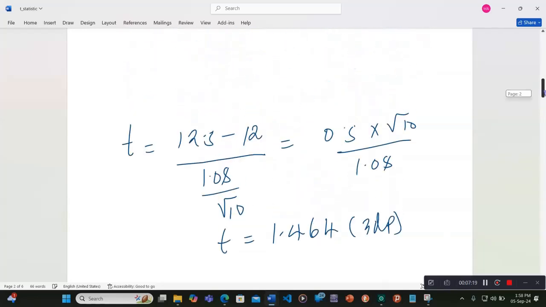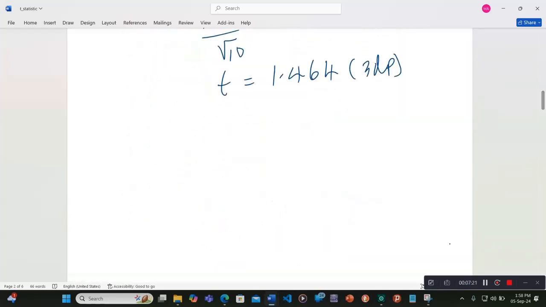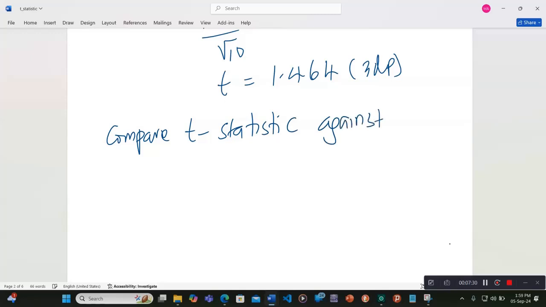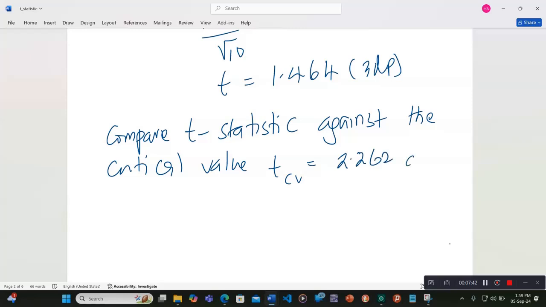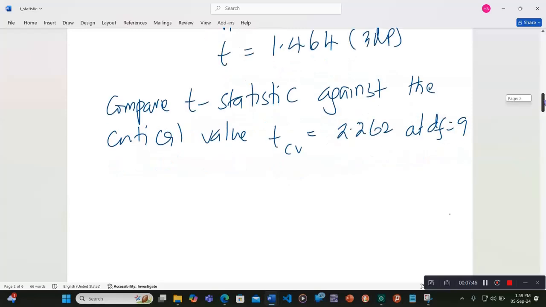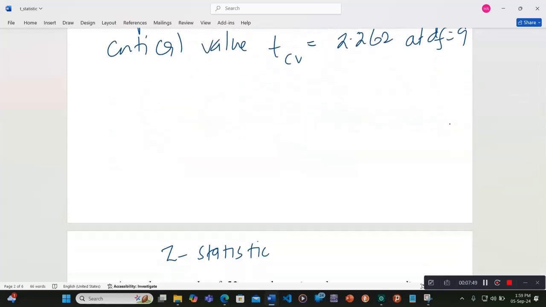So what we do, we are going to compare your t statistic against the critical value. TCV equals 2.262 at degrees of freedom equal to 9. So I'm going to draw something like a number line.